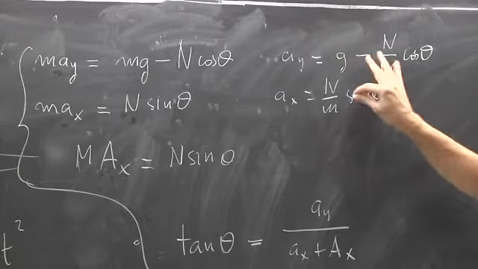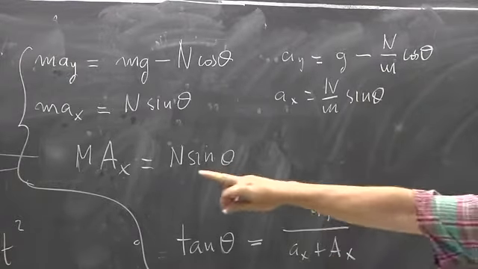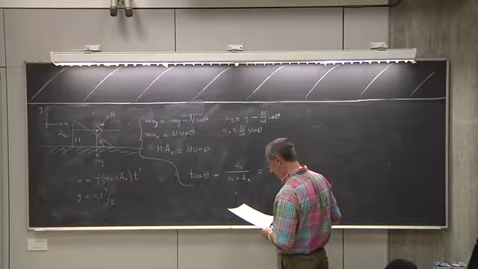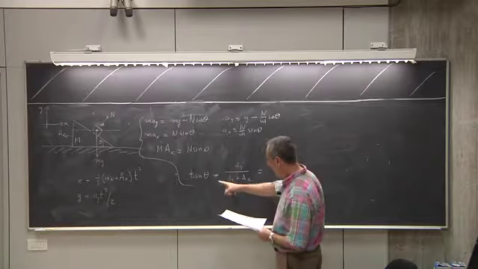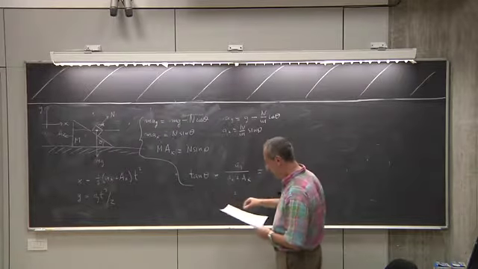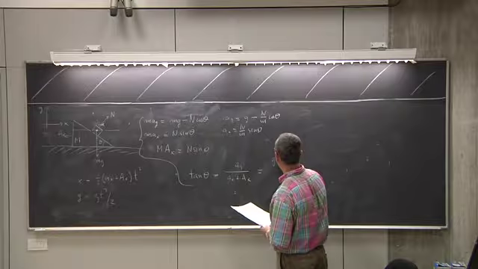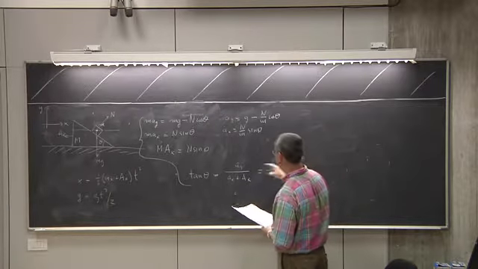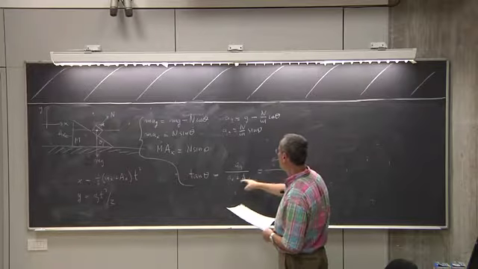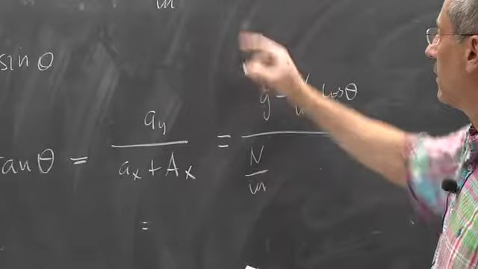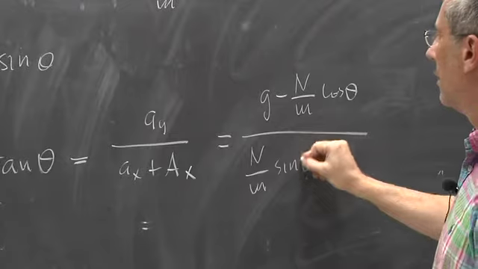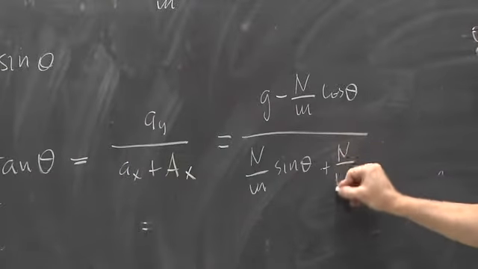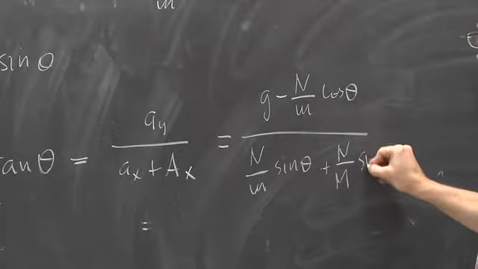So now I can take this and replace them here. The same for big A_x. And you see that I get that tangent of theta must be g minus n over m cosine of theta, divided by this, that is n over m, plus n over big M sine theta.